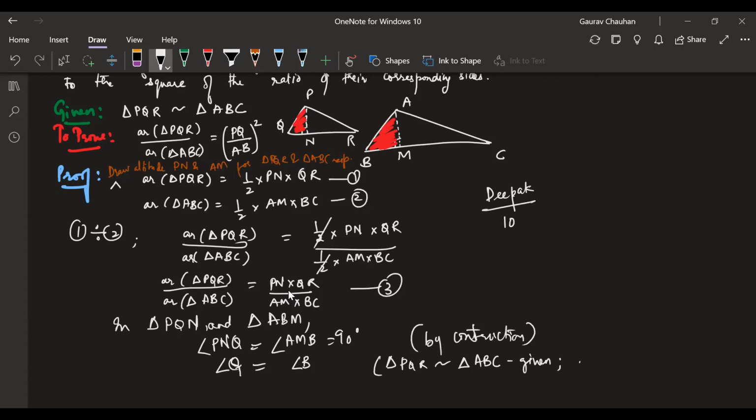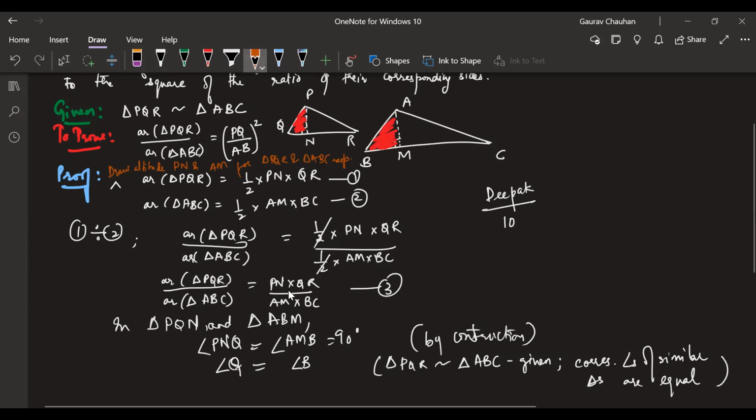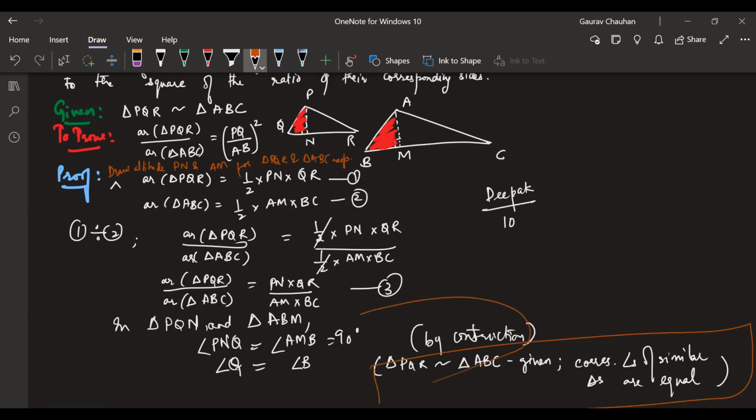And then you will write: corresponding angles of similar triangles are equal. We good? Yes, this is the entire reason. Or you can write this part before all of this, and then derive this and say by equation 4 or something like that.